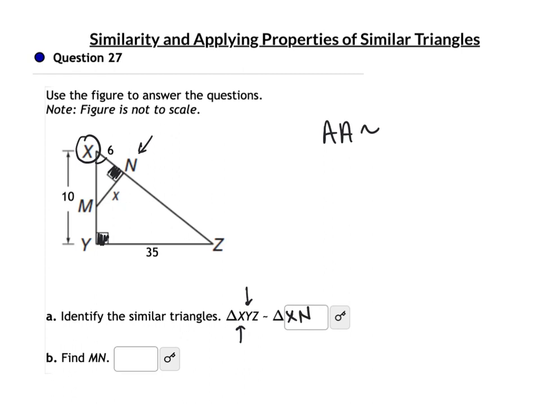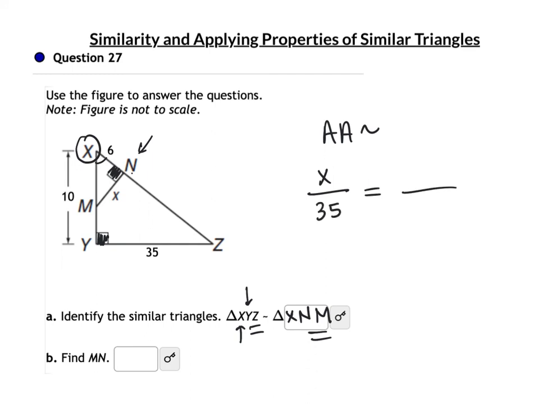And the only other point left in the small triangle, X, N, M. So Z and M, those angles, they correspond. Now I want to find MN. MN, that's the last two. It corresponds with YZ. Look in the picture, YZ, that's 35.